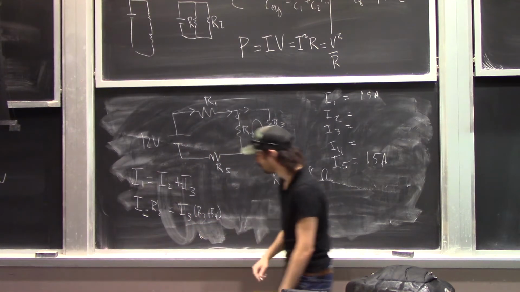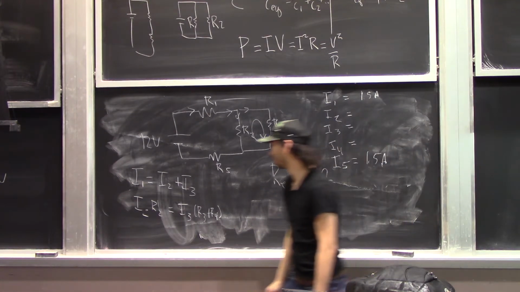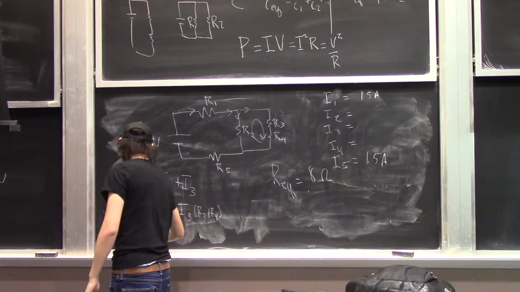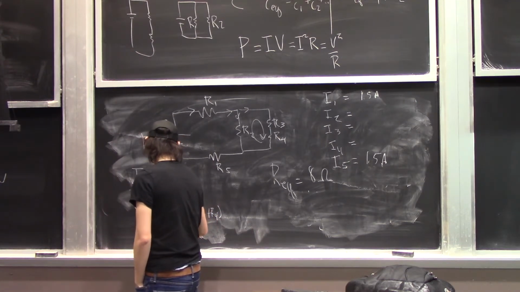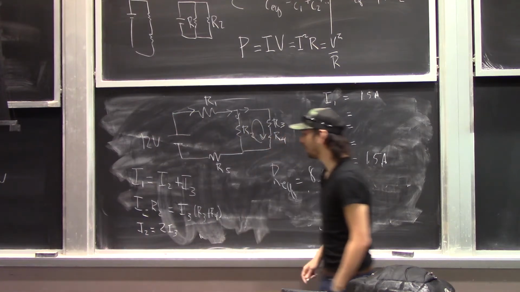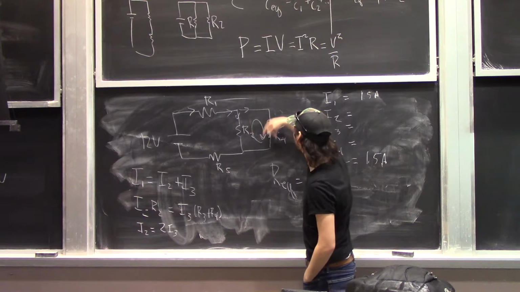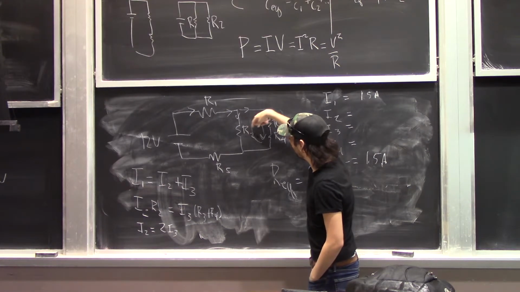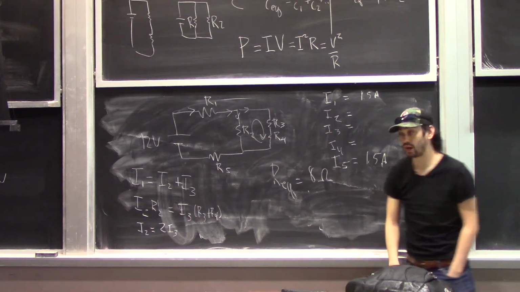Now, if we plug in what our values for our resistances are, this says I2 is going to be equal to 2 times I3, right? And that seems to make sense, right? Because if all of these resistors have the same resistance, and there's 2 of them here, then this should have double the current that flows through that one.